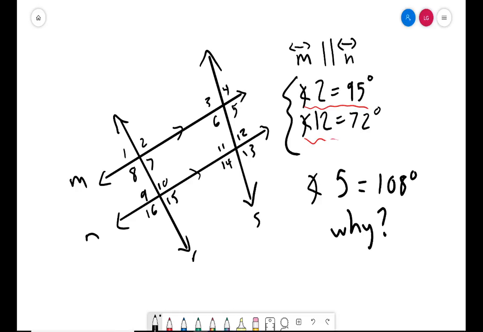Okay. So remember, when we're talking about two parallel lines cut by a transversal, we get these series of equal angles.